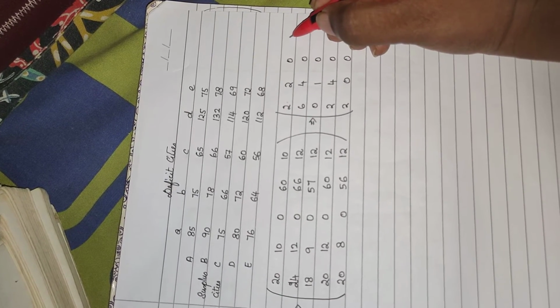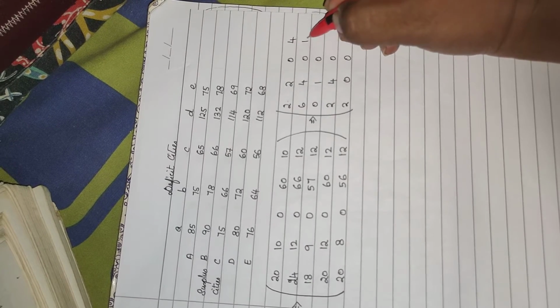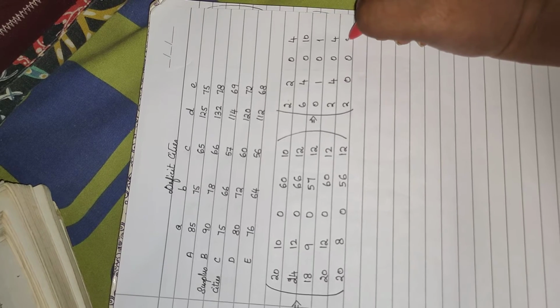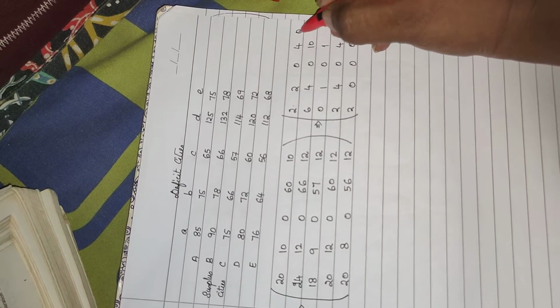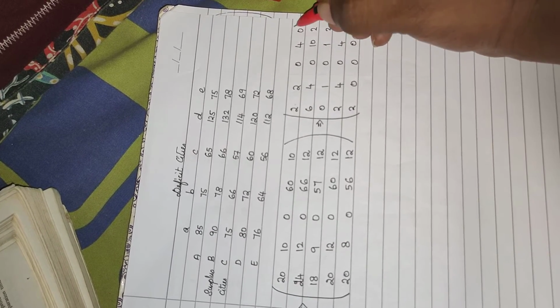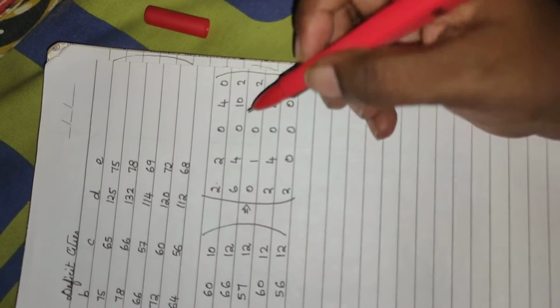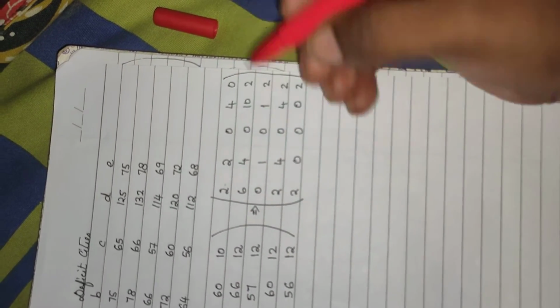For the fourth column, you have 56 as minimum, so you have 10, 10, then 1, 4 and 0. In the last column, 10 is the minimum, so 0, 2, 2, 2, 2. Right, so this is my column transformation table, and I'm going to draw my assignment boxes and then check.